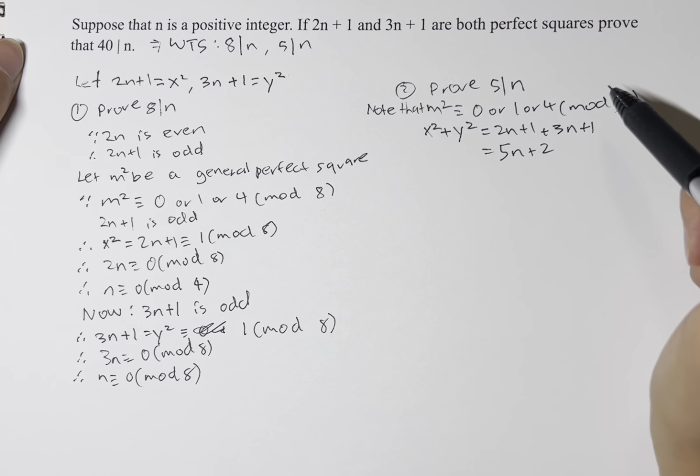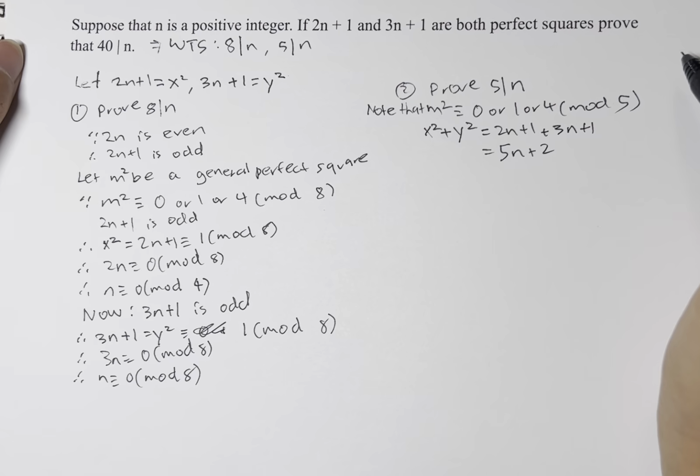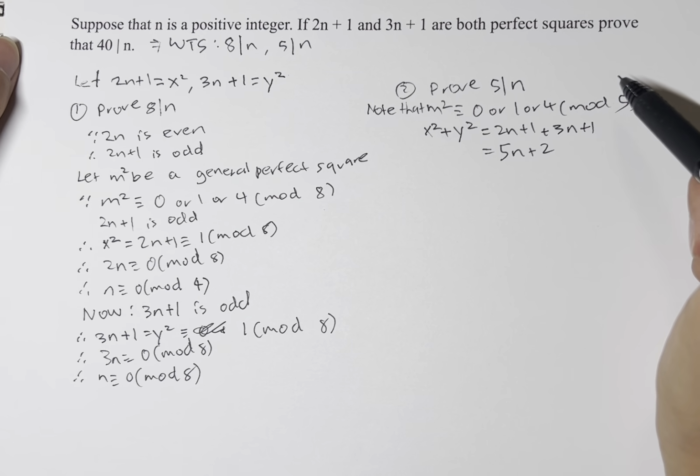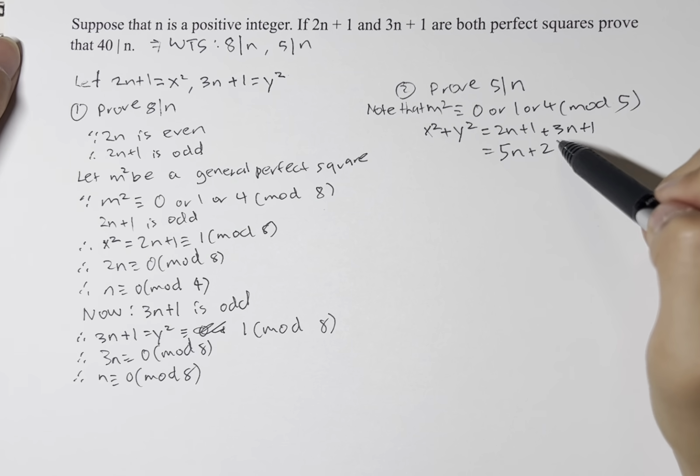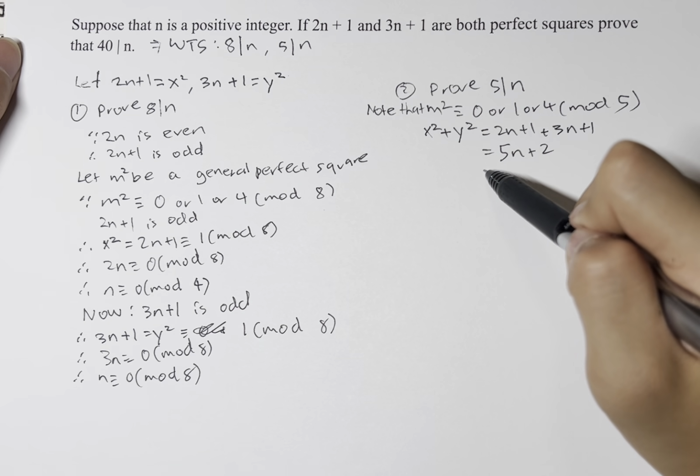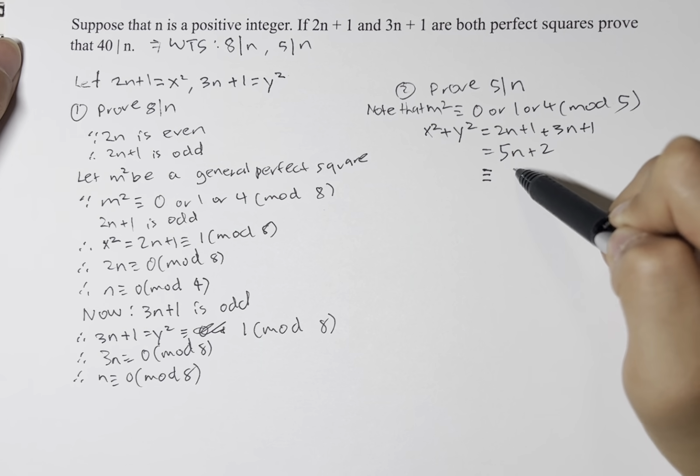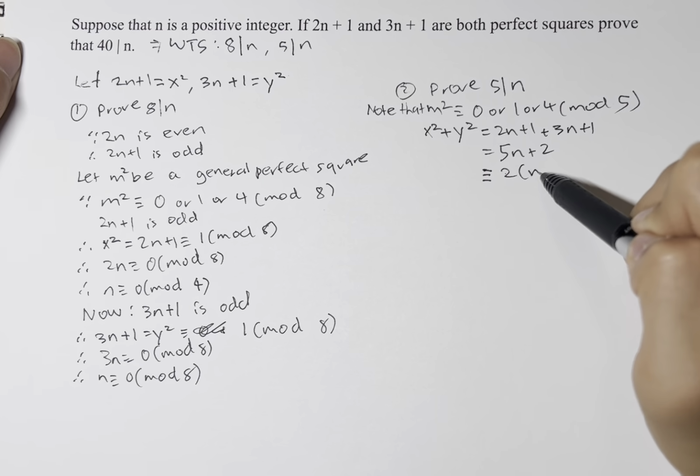You have to be sensitive about these two terms because adding them together will give 5n, which is a multiple of 5. So you get the congruence x squared plus y squared congruent to 2 mod 5.